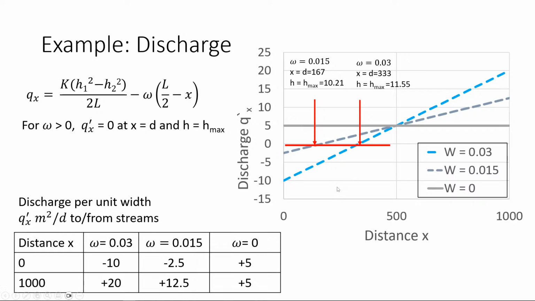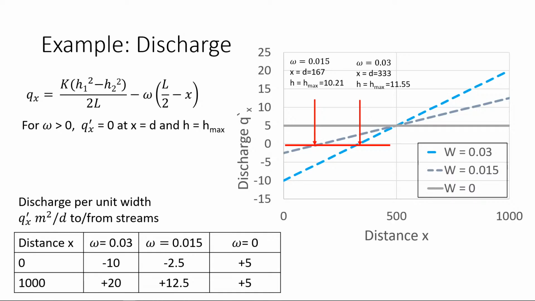But I just want to show you that the discharge will also be different. Because you have high recharge, you would expect to get a higher discharge. If you compare this one and this one, you get a higher discharge.